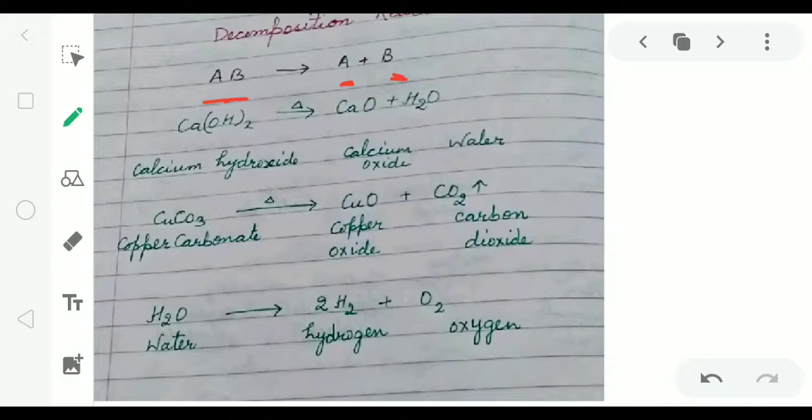For example, calcium hydroxide on heating gives calcium oxide and water.